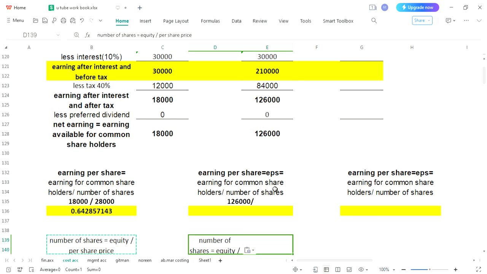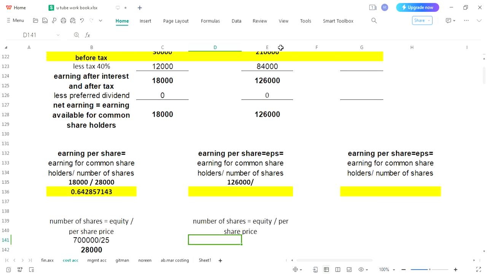Number of shares would be calculated by taking equity, and this equity would be divided by per share price. So we have number of shares from 7 lakh. In the same way, for this section, as you know the equity would not be altered.